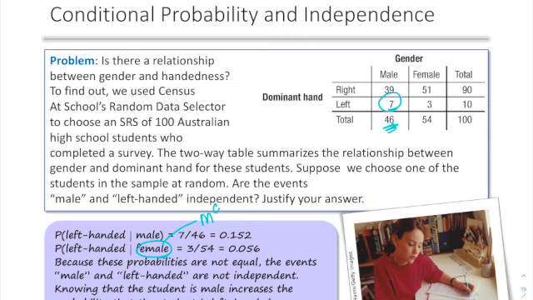So that's 0.152. Then the probability that they're left-handed given they're female. So we look at female, they're left-handed, there are 3. And the probability of just being female, we have 54 of them. So 3 divided by 54 equals 0.056. These are not equal, therefore male and left-handed, these two events are not independent. Knowing that the student is male increased the probability because we went from 0.056 to 0.152.